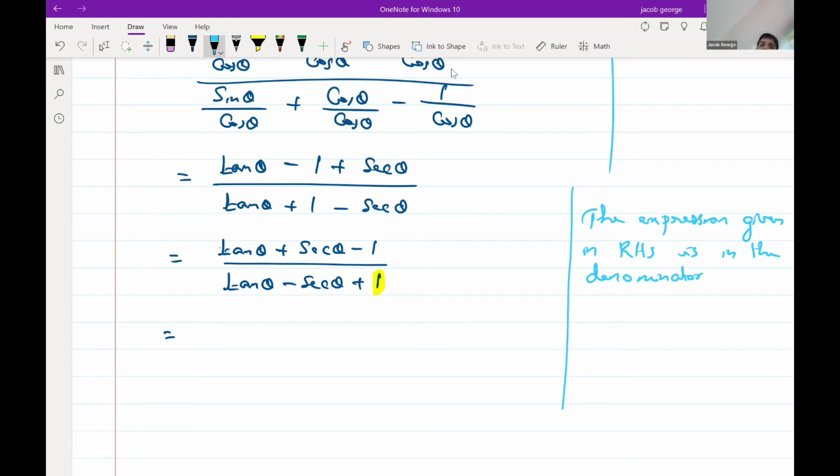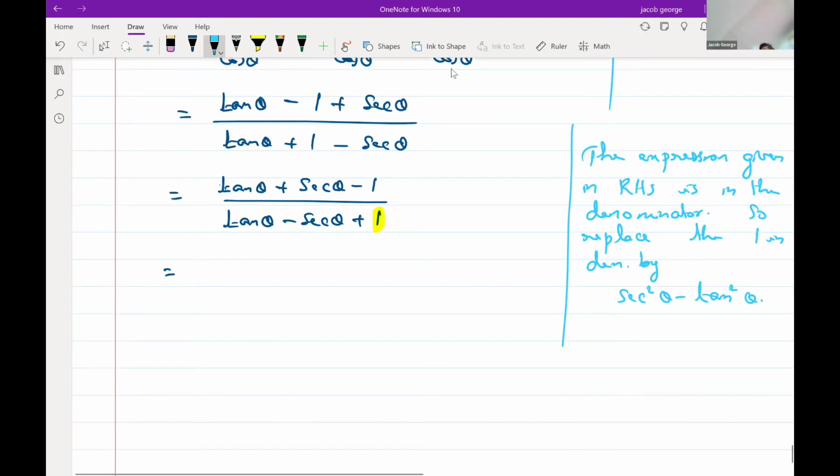So replace the 1 in the denominator by sec square theta minus tan square theta.